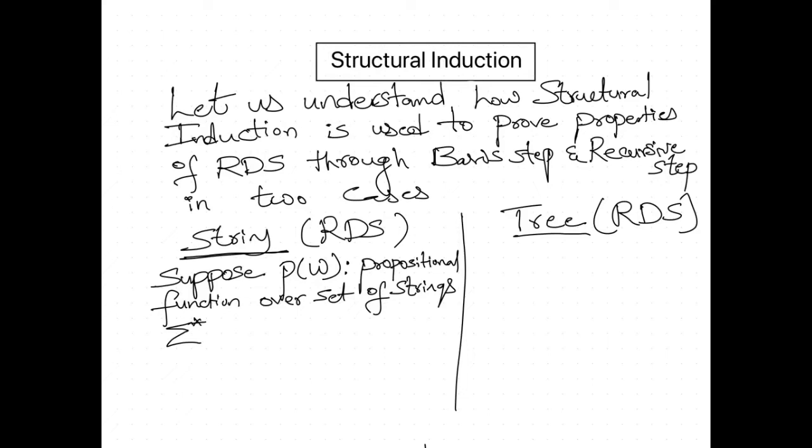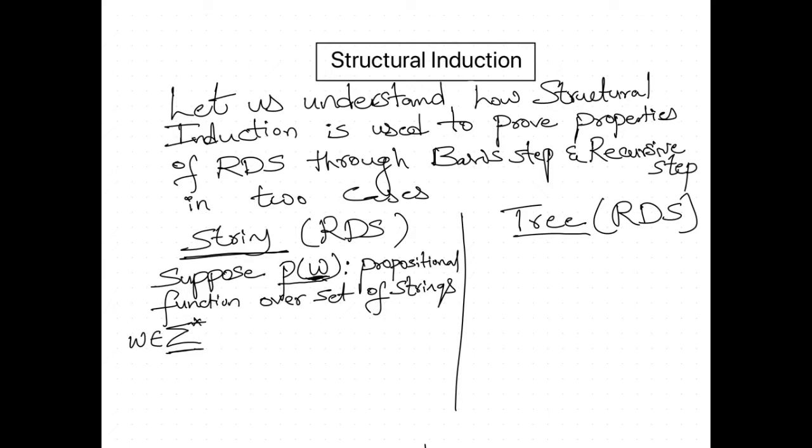So now this particular W is a string, and this string must belong to this particular set of strings, right? So W belongs to the set of strings. So what does it mean? P of W is a propositional function over the set of strings. This is the set of strings, and W is a string belonging to this particular set of strings. So this is my supposition.